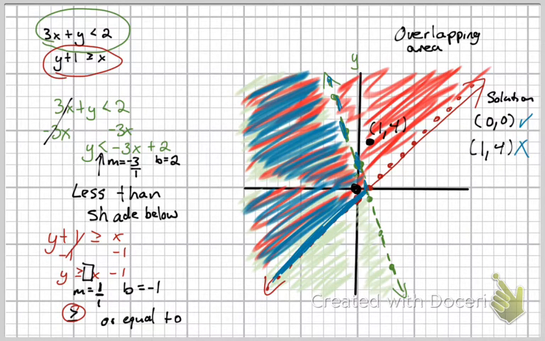Okay, if I looked at 0, negative 4, just down 4 from the origin. Hey, that's only in the green section, so that means this is not a solution. If I was looking at the coordinate negative 3, positive 3, so left 3 spaces, 1, 2, 3, up 1, 2, 3.